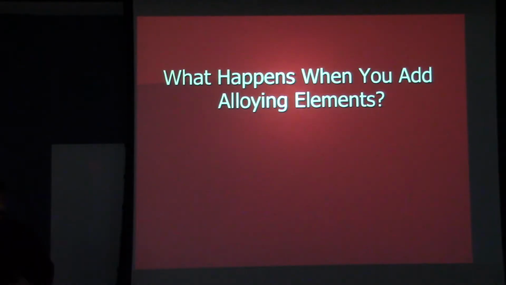I said before that the iron-carbon phase diagram doesn't really help us when we start to add alloying elements, because it just captures the effects of iron and carbon. But we know that it would be quite rare to not have alloying elements in steel today, right? So what happens when we do that?